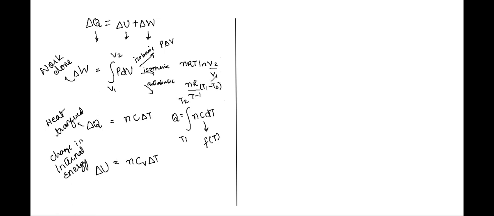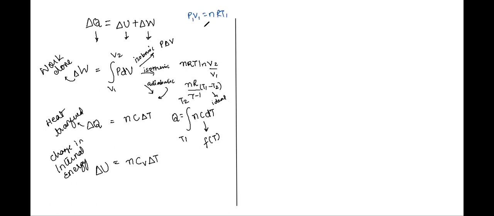This one is particularly for an ideal gas. If I'm not talking about an ideal gas, this adiabatic work has one more form. Everyone note this down. Instead of nRT1, we know that P1 V1 is nRT1.